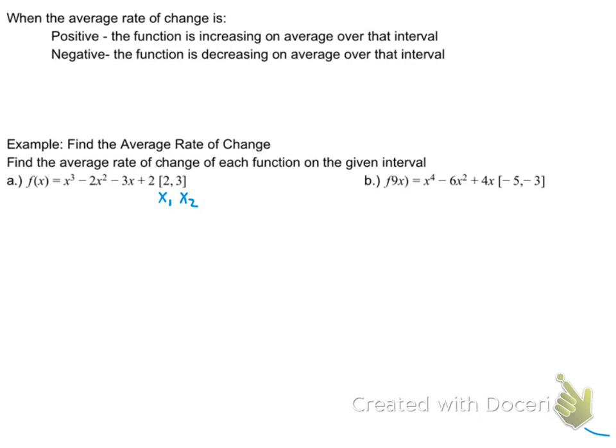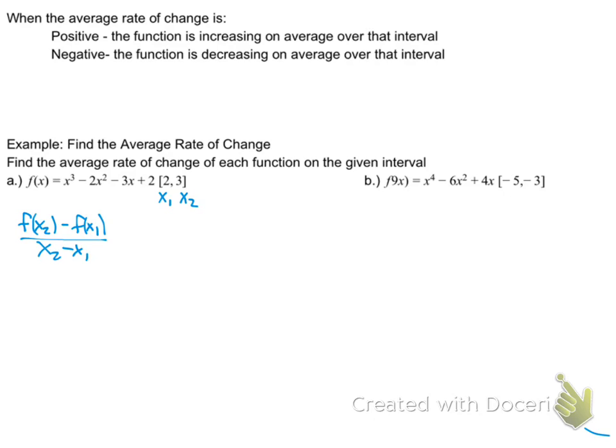So all I need to do is put the formula down and fill it in. What was the average rate of change formula again? f of x2 minus f of x1 divided by x2 minus x1. Do you know x2? 3. Do you know x1? 2. Do you know f of x2, f of x1? No. But can you find them?